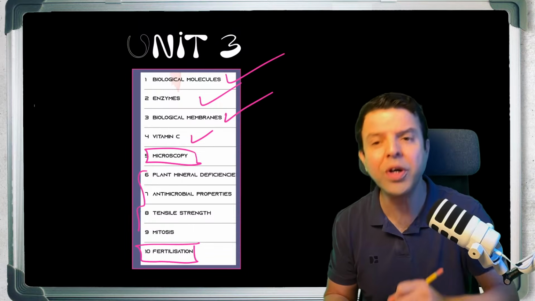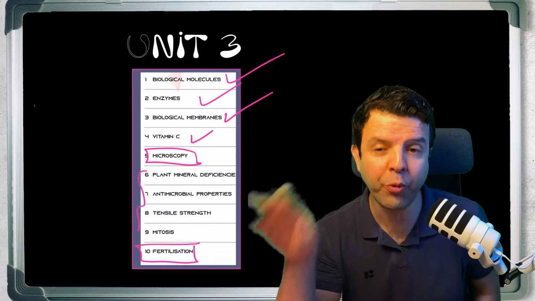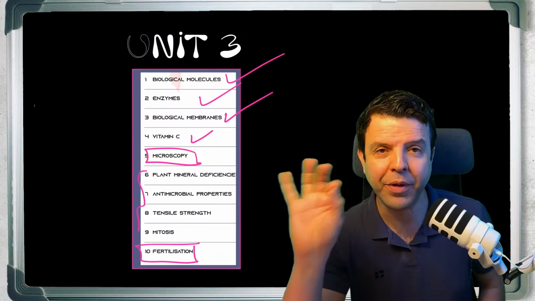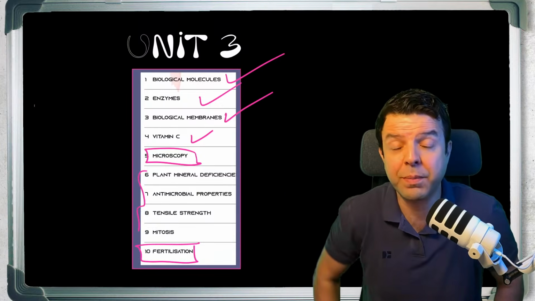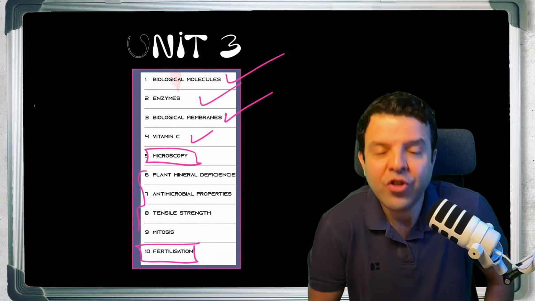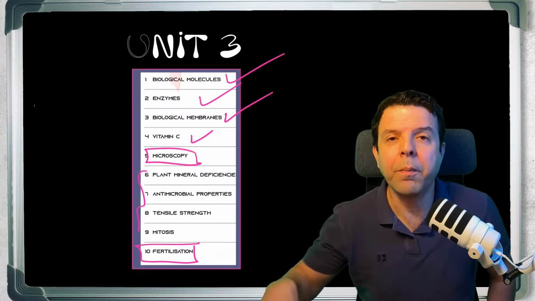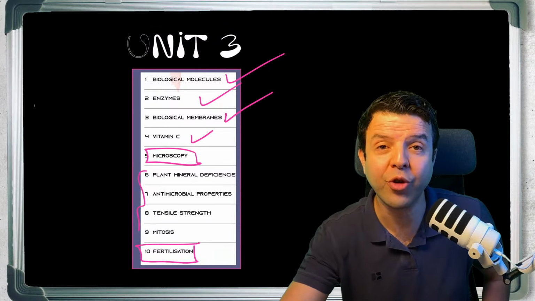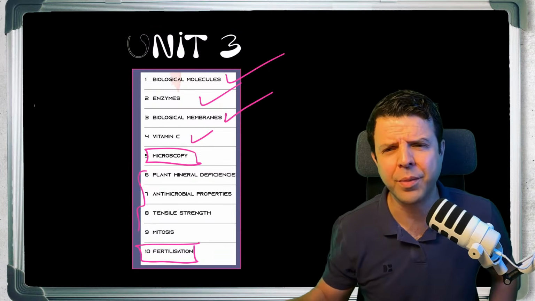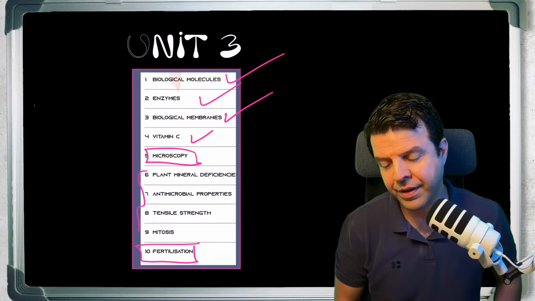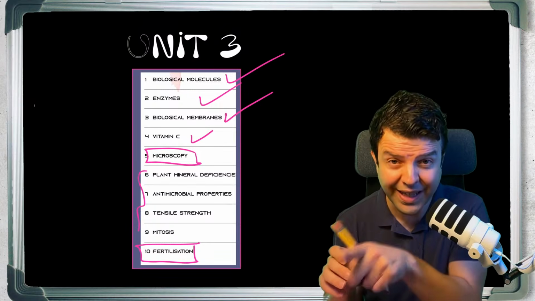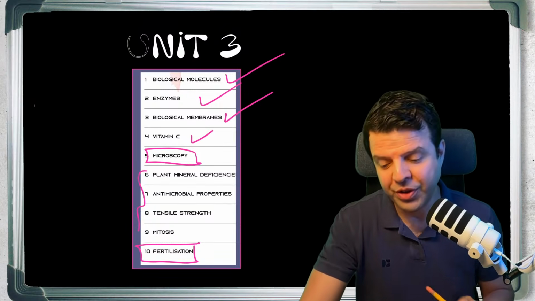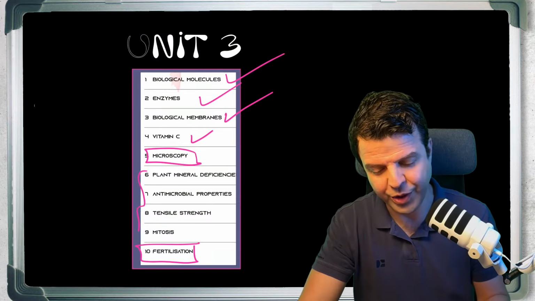The last one is not a core practical. It's not like the practicals you'll find in bold in the specification. It's just some questions about pollen grains. They do ask you a lot about it in the Unit 3 exam, so that's why I included it here in the list. So you have 9 core practicals and that last one, which is just as important as the rest. Okay?